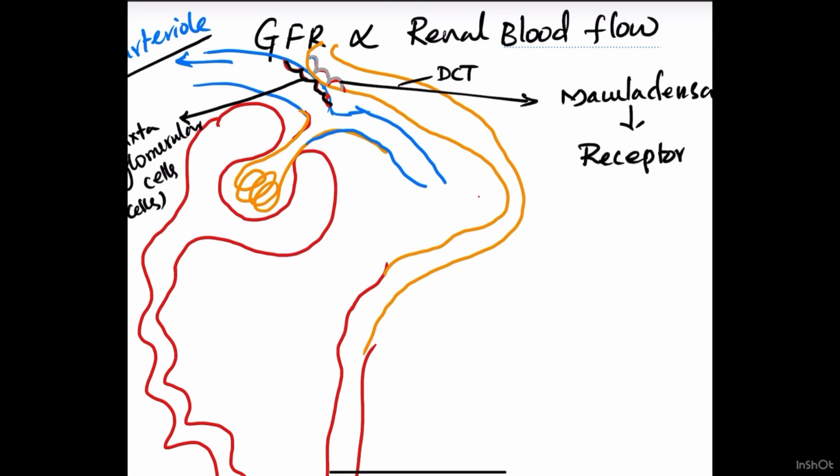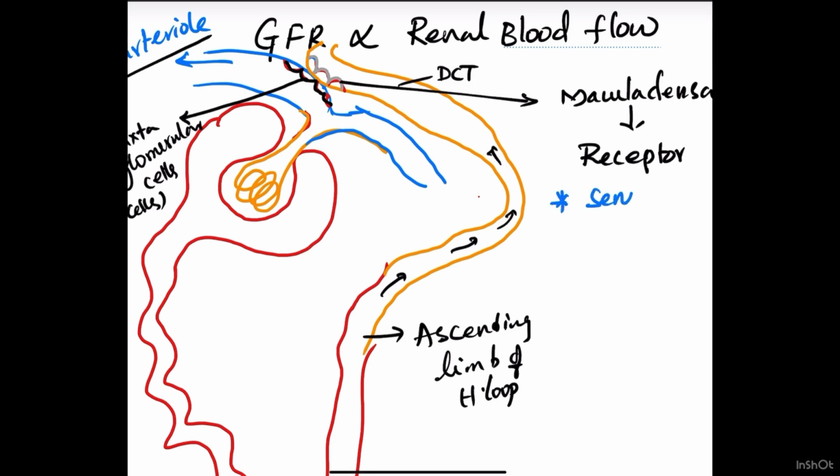Whenever the glomerular filtrate passes through the ascending limb of the Henle's loop towards the DCT, at that particular period it acts like a receptor. It is sensitive to that. Sensitive means it recognizes it.